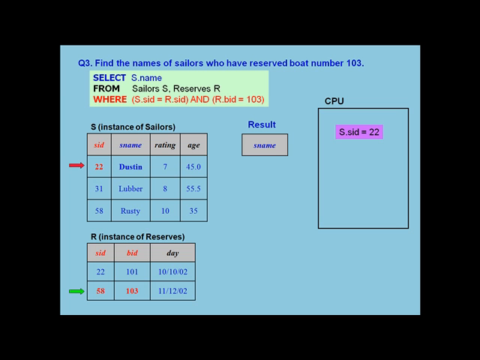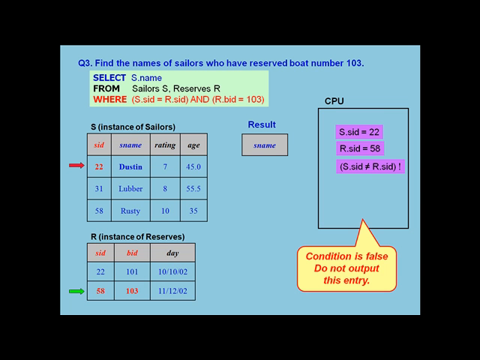Next step. S.zip is equal 22. R.zip is equal 58. S.zip is not equal R.zip. Condition is false.